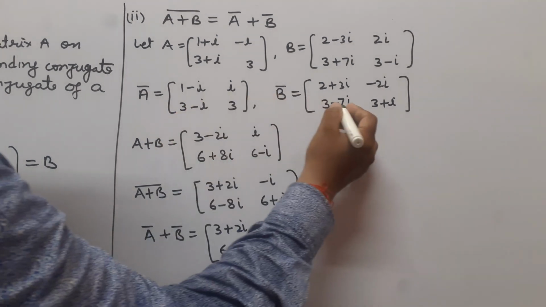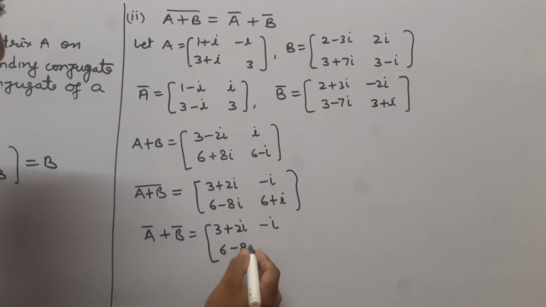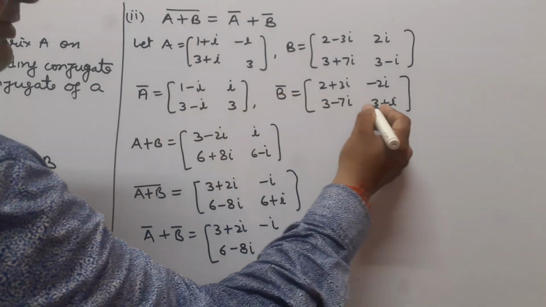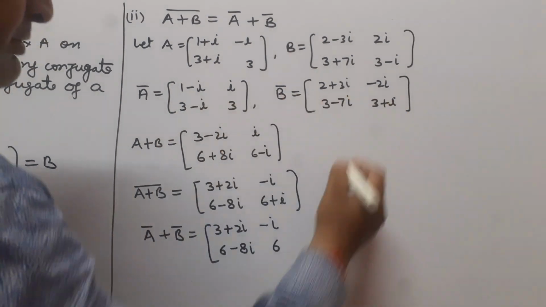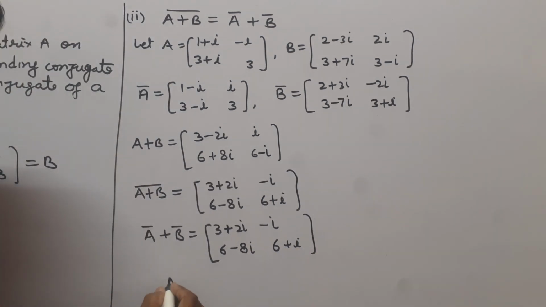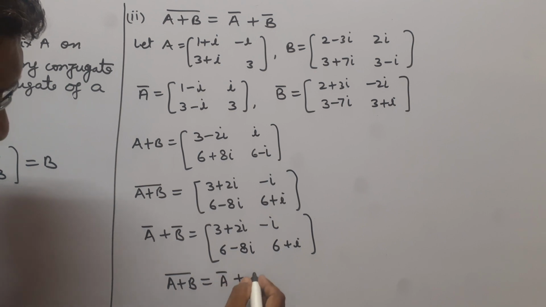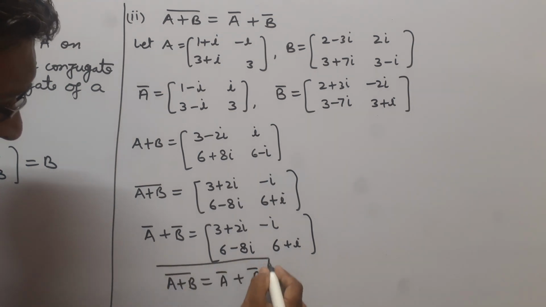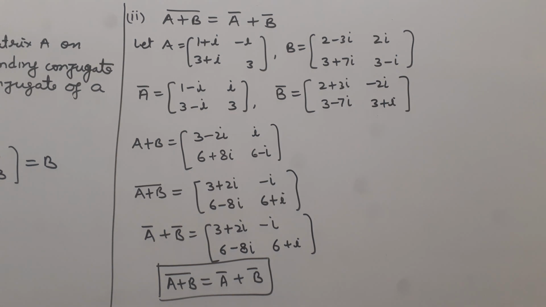Minus i minus 7i is minus 8i. 3 plus 3 is 6 plus i. So we can see that the conjugate of A plus B is equal to the sum of the conjugates of A and B. This is the second property of the conjugate of a matrix.